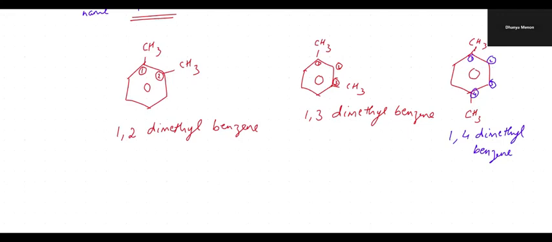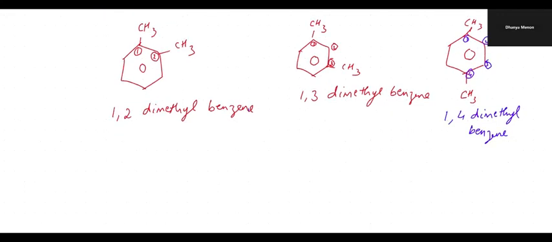Now, here there is another representation for this. Suppose any group is in this position, and corresponding to this group, if any substituent is coming in this position, this is referred to as ortho position. If I'm talking with respect to this position, if any substituent is coming in this position, it is called meta.